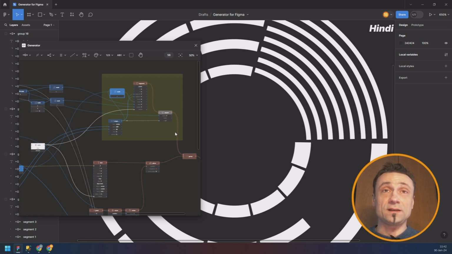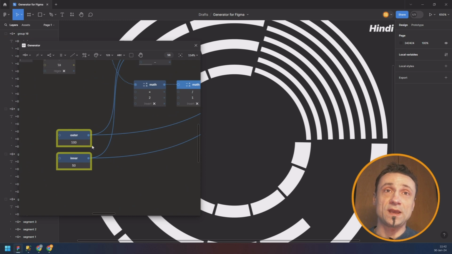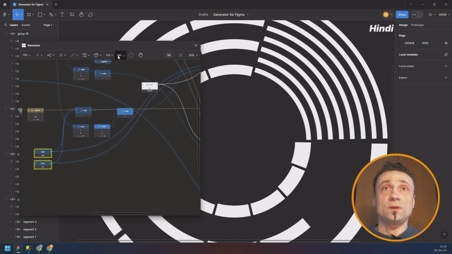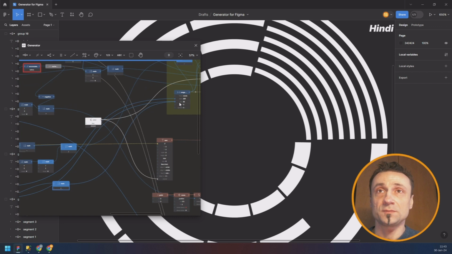So the way we do that is we take this width that we calculated, and over here where we have 50 as the inner value, we need to replace this, or we need to add to it this thing that we calculated, which is the width of an individual segment. So we will take a math node. It's already set to add, so I'm going to run this through here and plug it back into the end parameter of range.